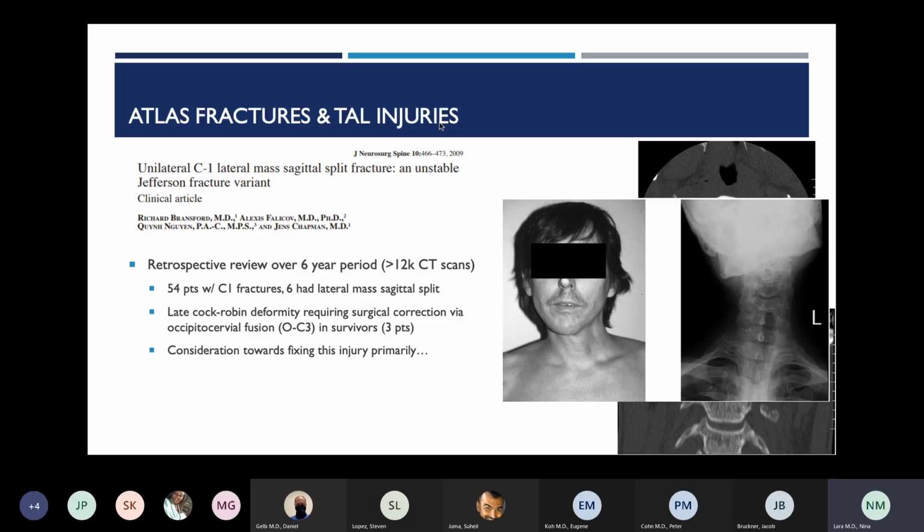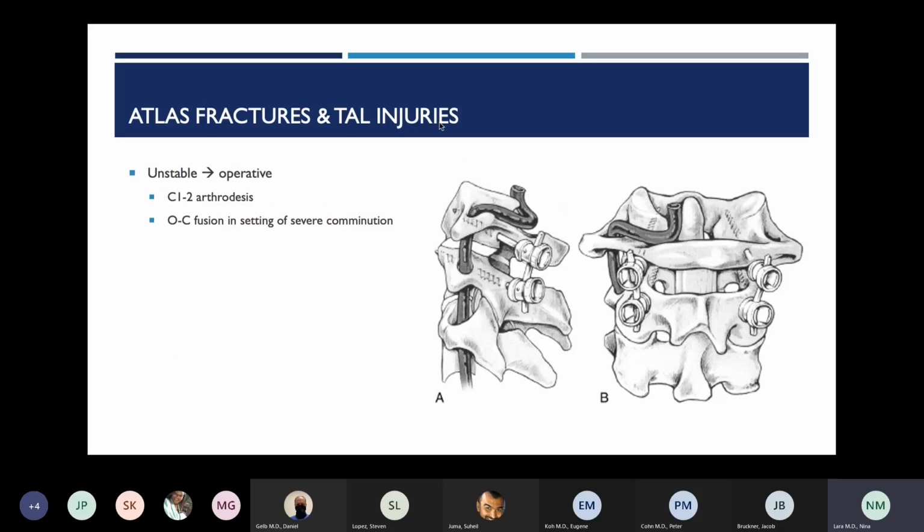Patients can go on to develop this cock-robin deformity. You can see here, this gentleman, and this requires surgical correction via occipital cervical fusion. So with these lateral mass sagittal split fractures, consider fixing this injury earlier on or primarily.